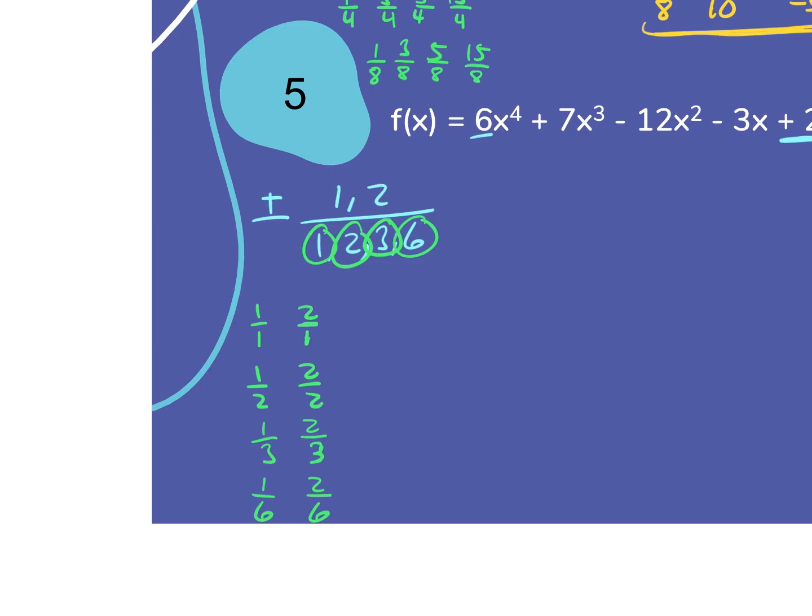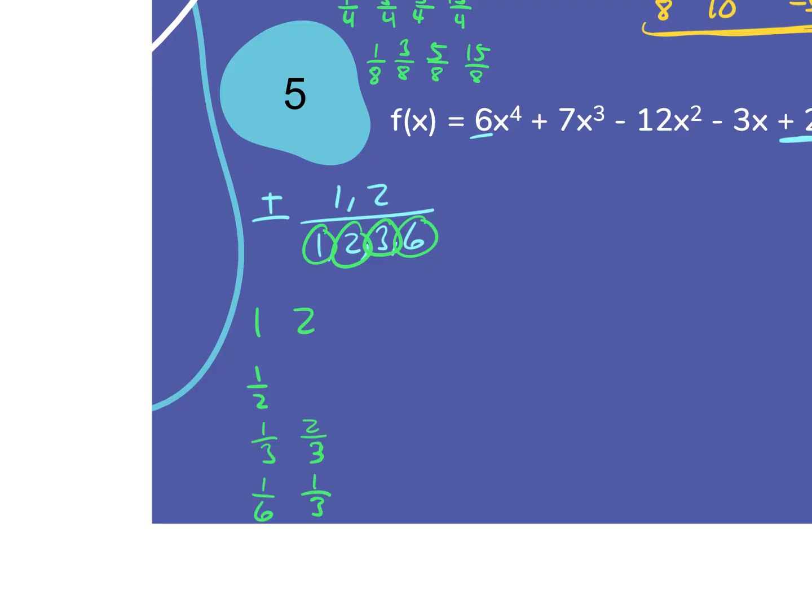Now, when you simplify things fully, 1 over 1 and 2 over 1 is just going to get you a 1 and a 2. 2 over 2 is going to get you 1, and if it repeats, you don't have to write it twice. So I can get rid of 1 altogether as one of my possibilities. The other thing that simplifies is 2 over 6, which simplifies to 1/3, but I already have a 1/3 right here.